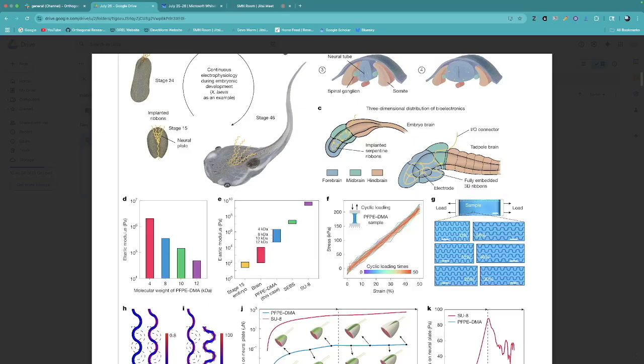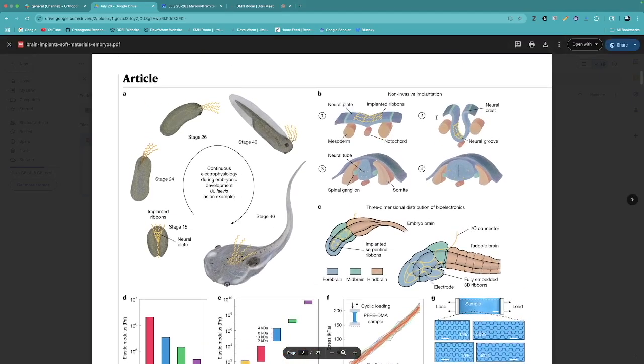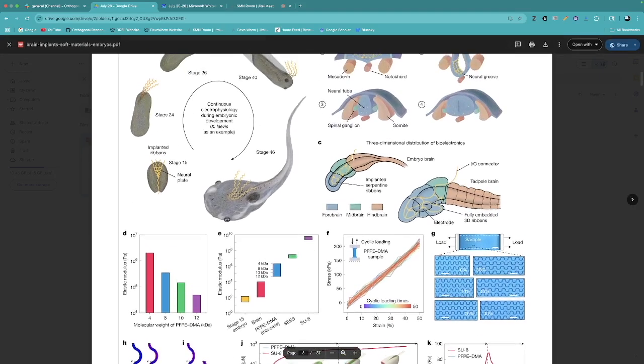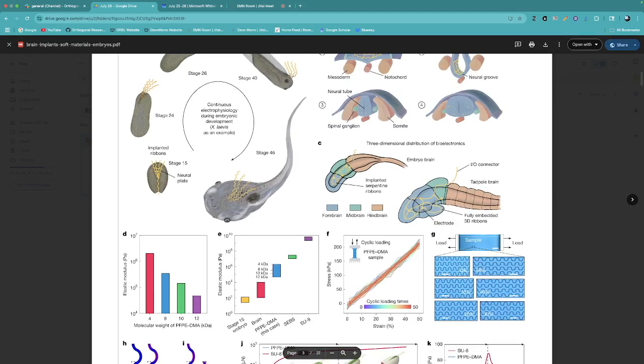So you can see this is the embryo brain here, where you have the 3-layered brain. And because you put the implants on the neural plate, they persist into these different regions of the brain. And then you actually have an I/O connector that remains outside of the developing brain.